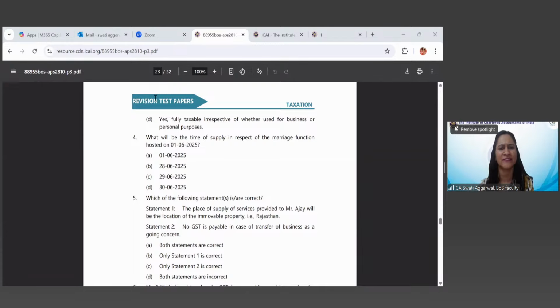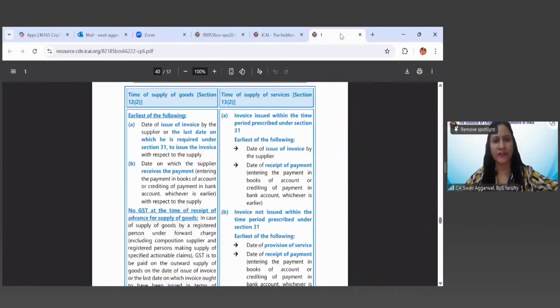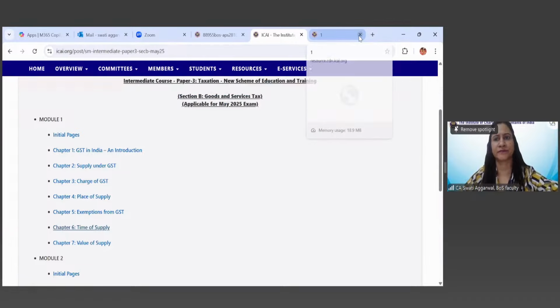Prasjot is saying 1 is correct and 2 is wrong. What do you feel? Transfer of business as a going concern, GST is payable or not? I will show you the relevant entry.